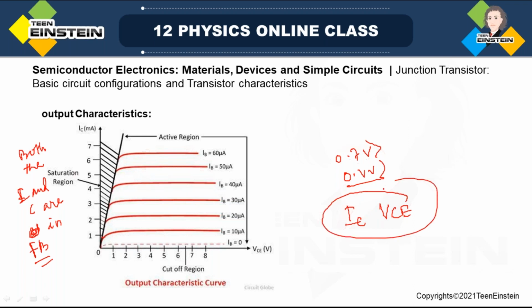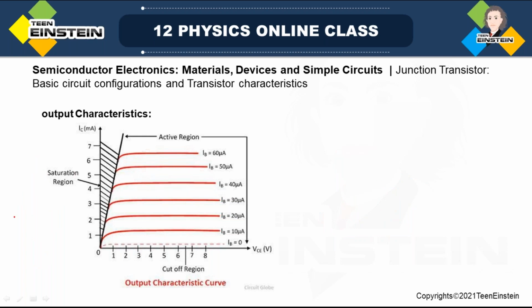IC remains almost constant in this region. For different values of IB you get greater IC, but within this region there is no variation in the collector current. It has got almost a constant value.